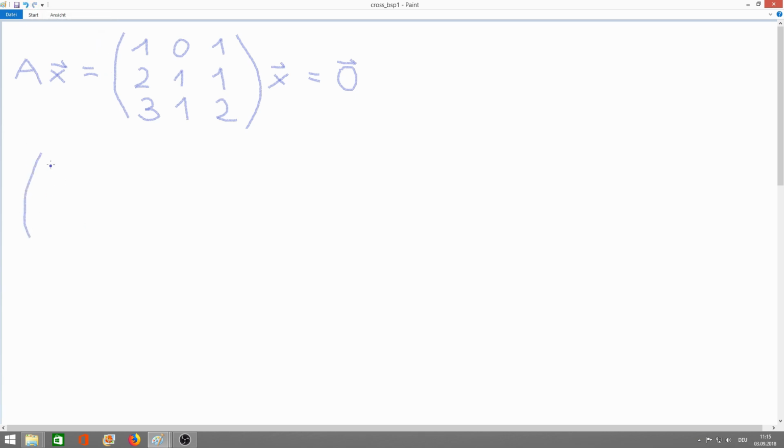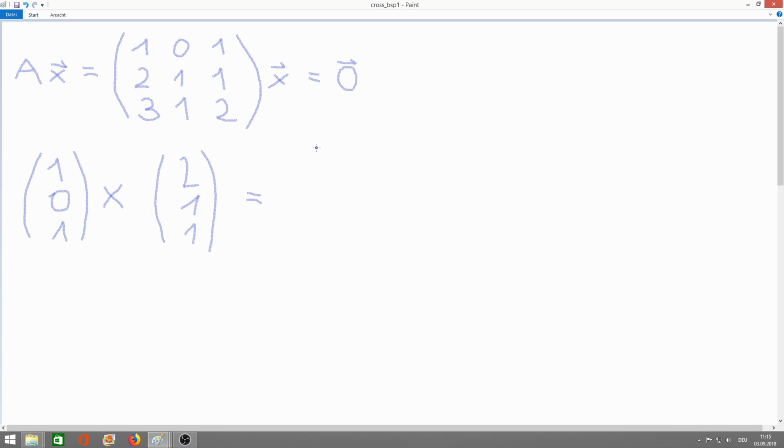So the first row 1, 0, 1, and the second row 2, 1, 1, and we want to calculate the cross product of these two rows.